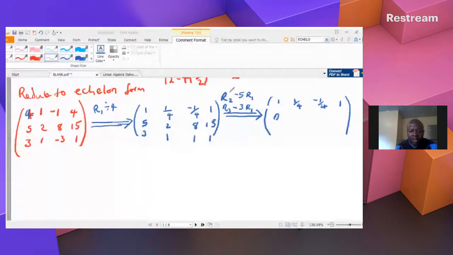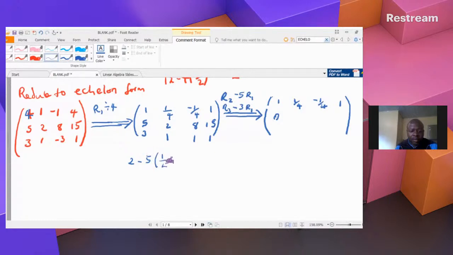I've said that we have to write what we are doing, so I've written what I'm doing. So 5 minus 5 multiplied by the element in row 1 is 0. Then 2 minus 5 multiplied by the element in row 1. The element in row 1 is a quarter.